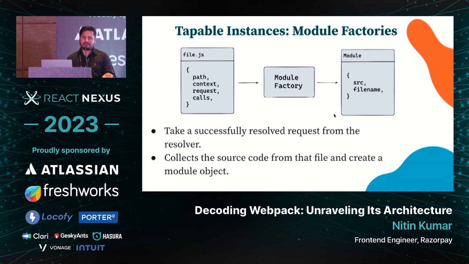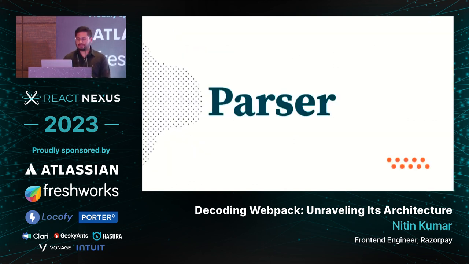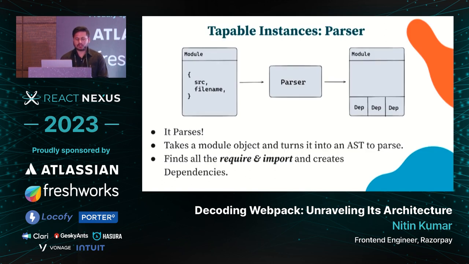So after we have read the code, we need to parse it, right? So the next Tapable instance is the parser. How many of you are familiar with ASTs, abstract syntax trees? Nice, good to see a lot of hands. So now we need to parse. As the name suggests, the parser will parse. It will take the source code and run it through the parser. Then, after the source code is parsed, it will look at the generated AST.